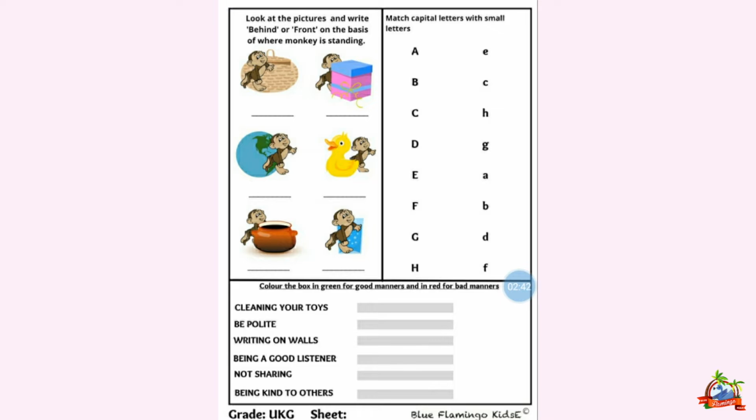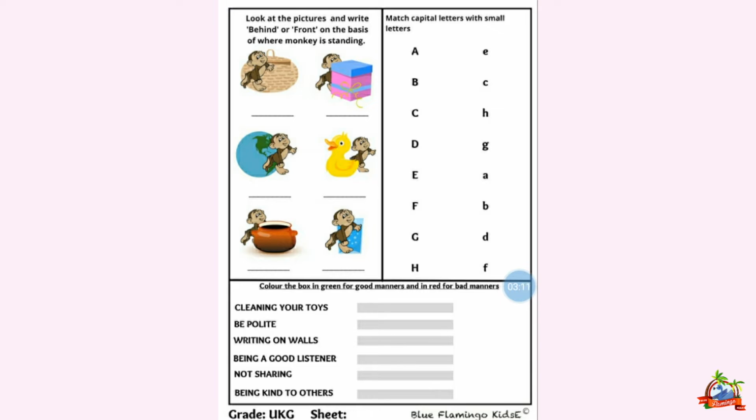In the second picture you can see the monkey is behind the box. Monkey कहाँ है? Box के पीछे है. Monkey is behind the box. Then we will write behind. Understood?